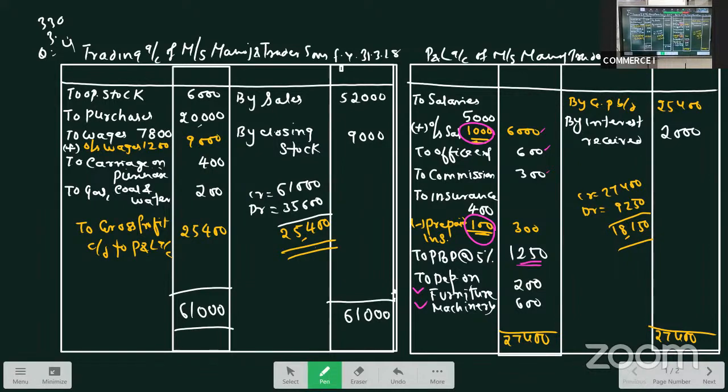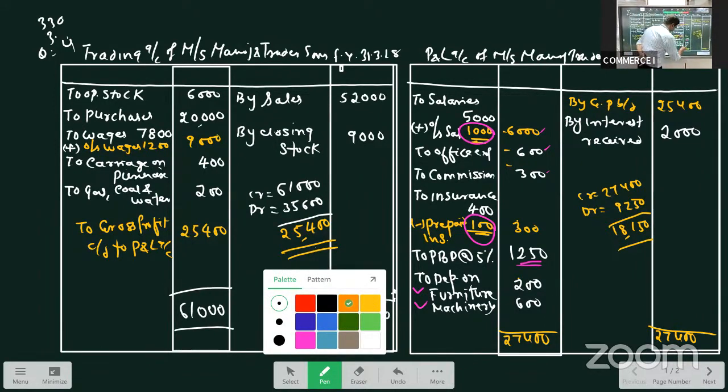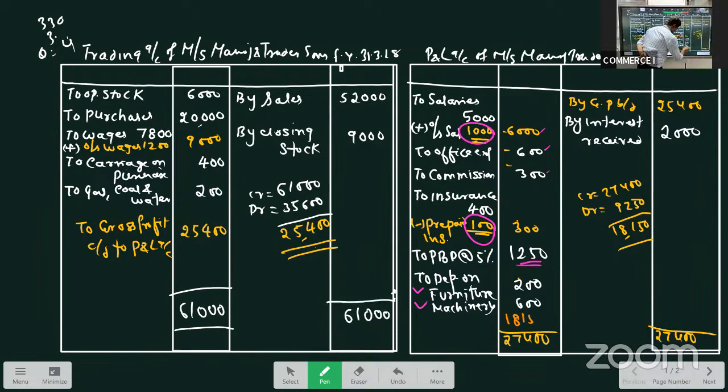Let us see in the balance sheet. 25,400 and 2,000 is 27,400, deduct 9,250, it's 18,150 only. 18,150 is the net profit carried down to balance sheet.